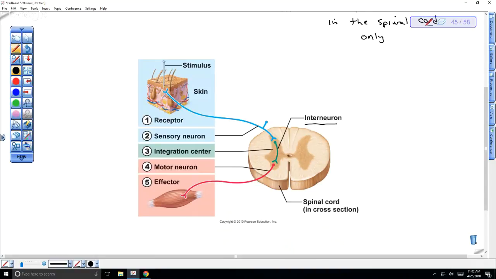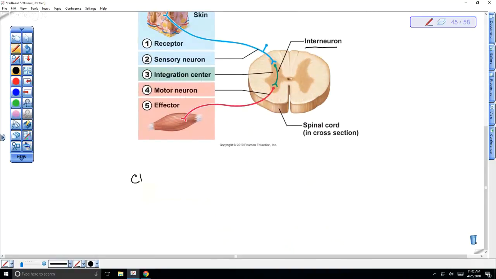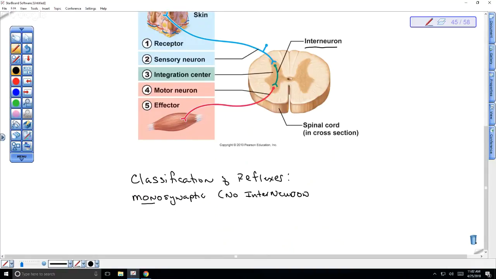So when we look at the classification of reflexes, these are the terms that you would kind of hear when we talk about spinal reflexes. Okay, so monosynaptic. So mono means one. So that would mean that there is no interneuron. I should say one neuron.